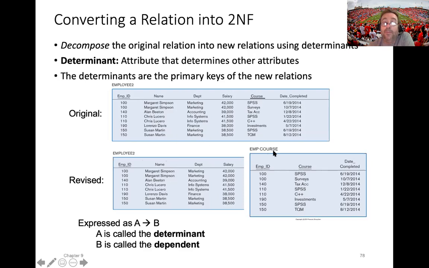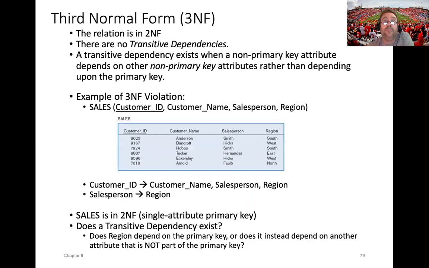If you look at the emp_course relation, emp_id and course functionally determines date completed. And we have our original employee-2, what's left. We have our primary key of emp_id, and that functionally determines name, department, and salary. So we have converted our relations into 2NF, and that is all good.